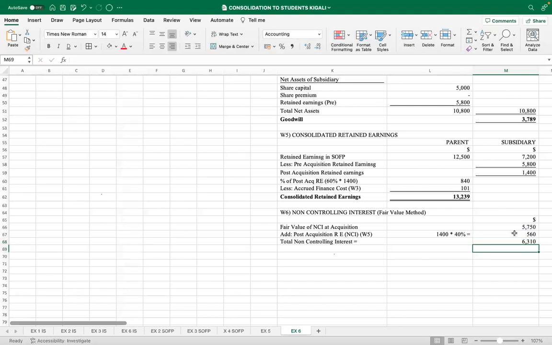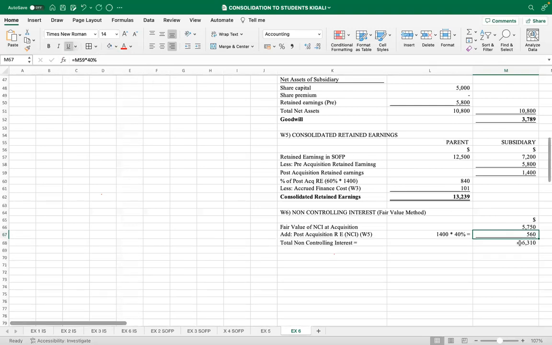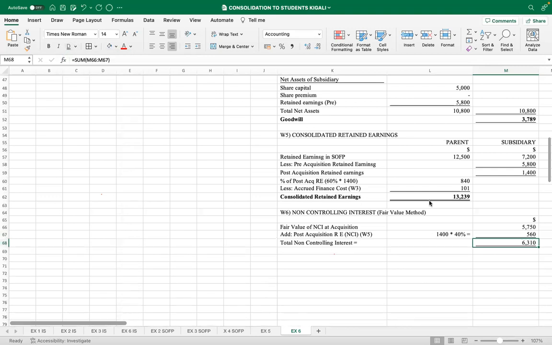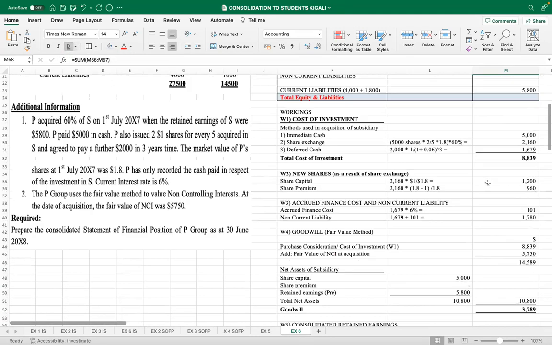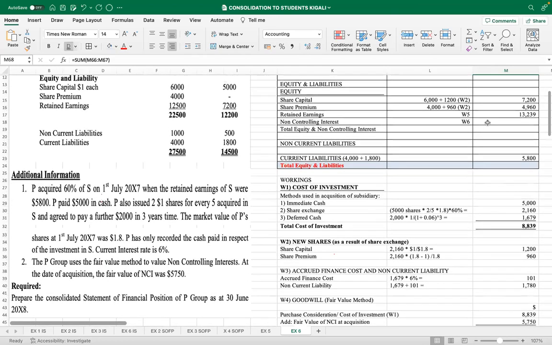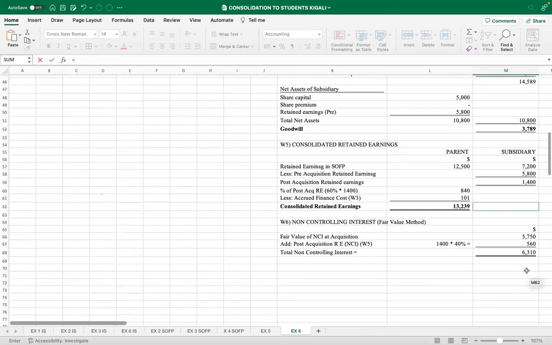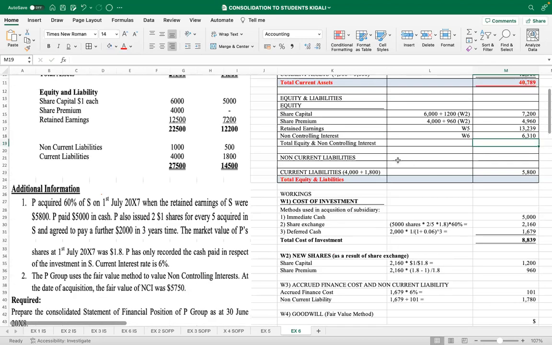So the total non-controlling interest is 6,310. So it brings us to the end of this non-controlling interest, which is working 6. Working 6 is 6,310.